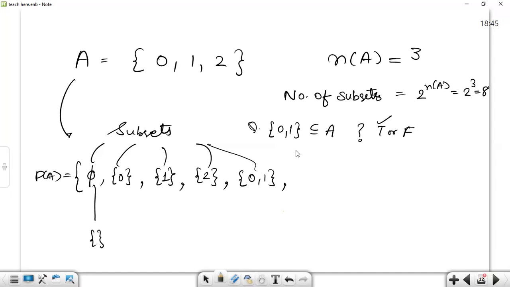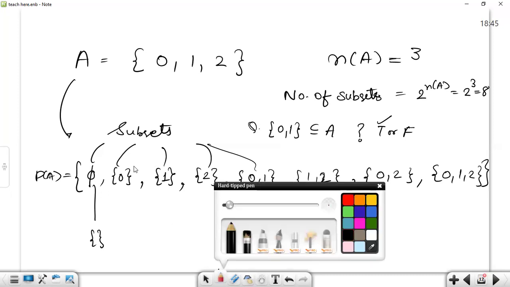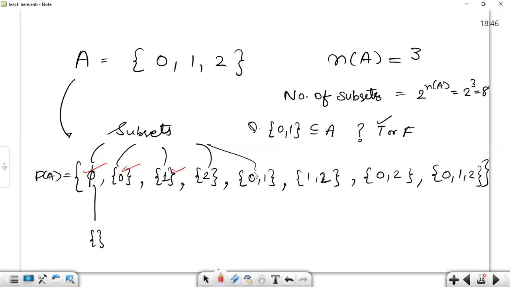Yes, sir. So similarly, 1 2 is also a subset, and 0 2 is also a subset. And all 3 elements as a set, like the whole set A, is also a subset of A. So let's now count how many sets we have. 1 2 3 4 5 6 7 8.